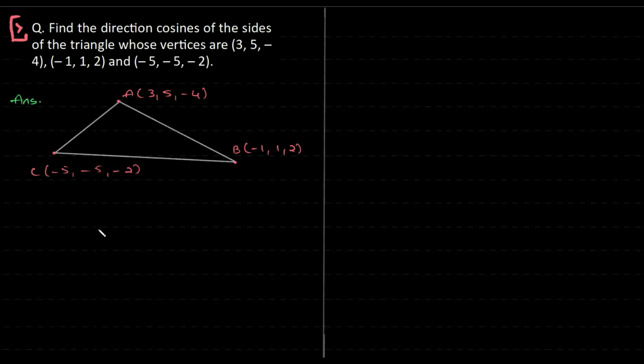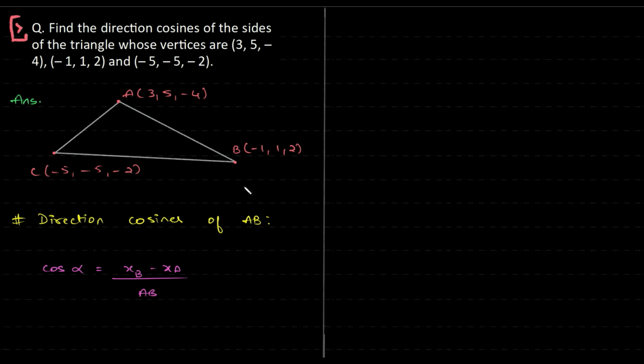Now we have to figure out the direction cosines of AB, BC, and CA individually. We'll start off with the direction cosines of AB. So cos alpha will be (xB - xA) divided by AB.